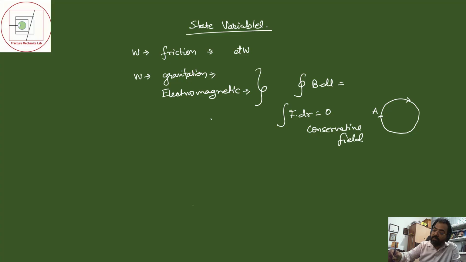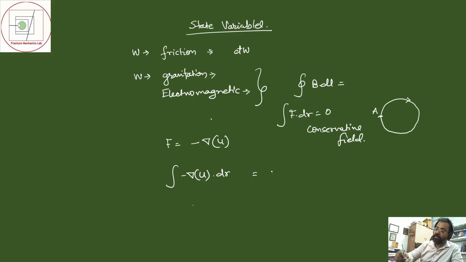And in this case, force can be defined as the gradient of potential energy, and therefore I can write this integral as this dot dr, where u is a function of r.